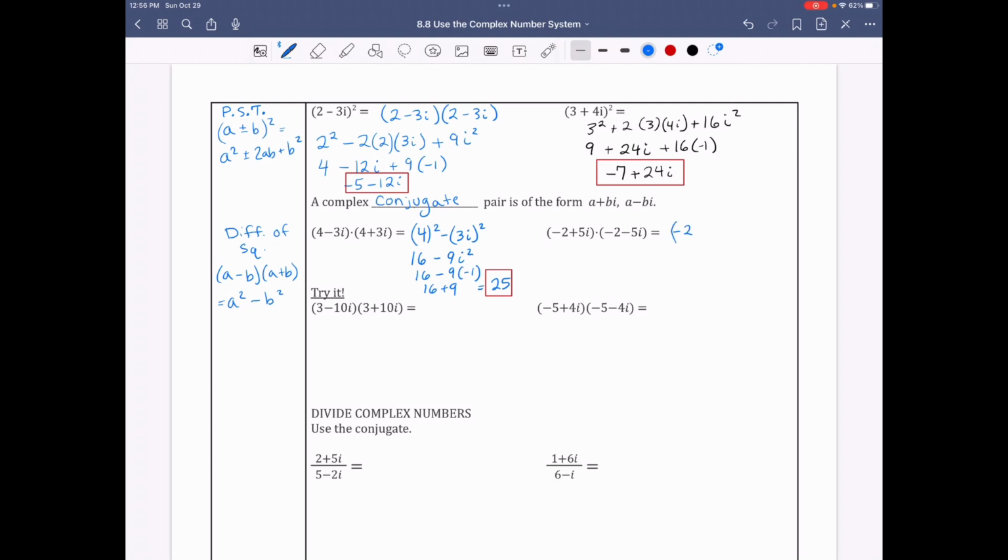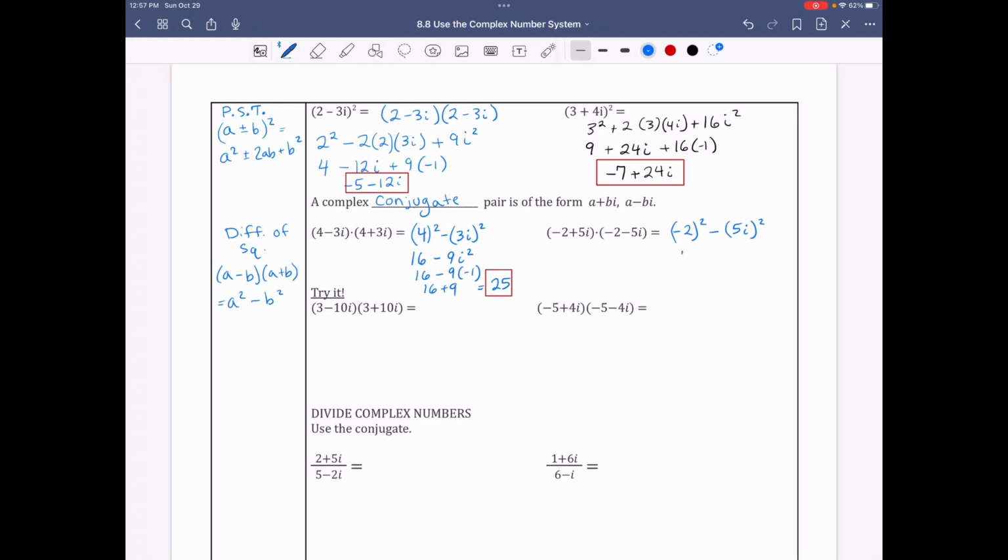So we have negative 2 squared minus (5i) squared. It's important to put it in the parentheses because I actually made a mistake and had to redo part of the video, because you have to square both the 5 and the i.